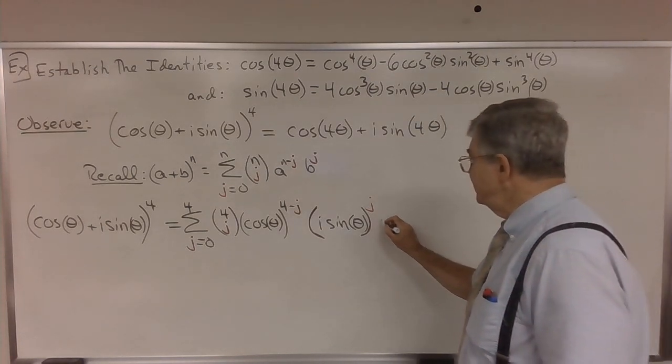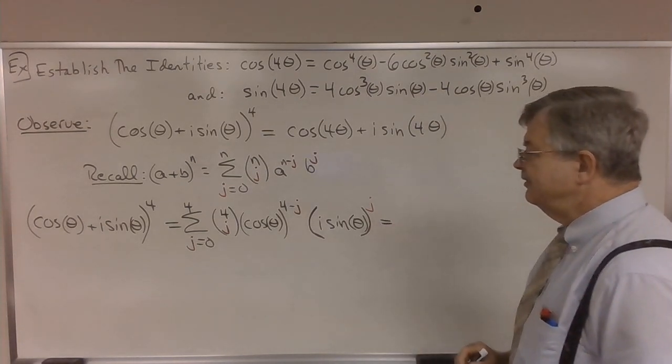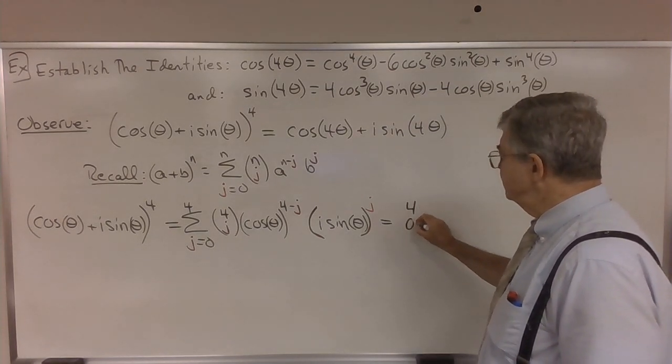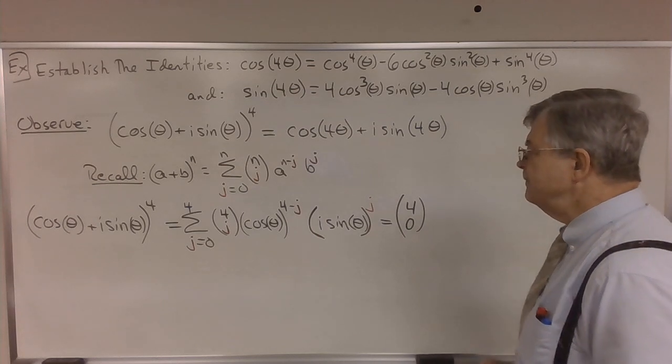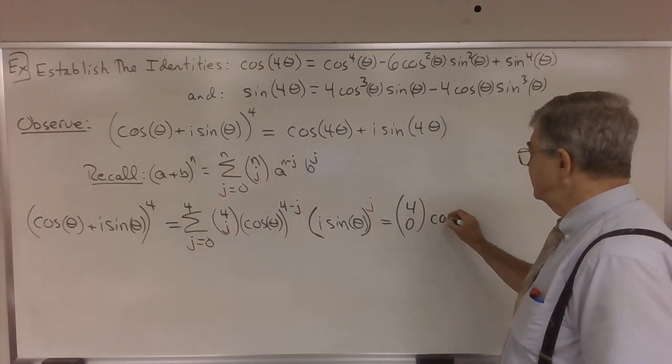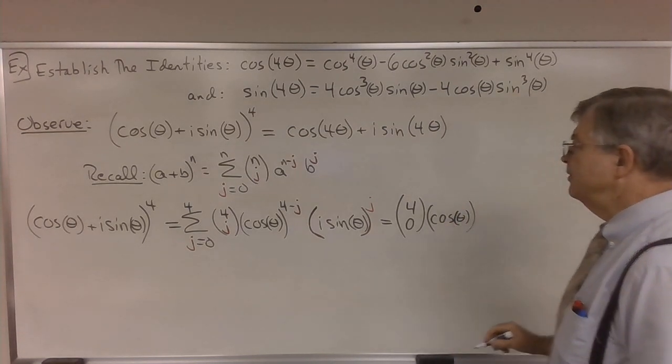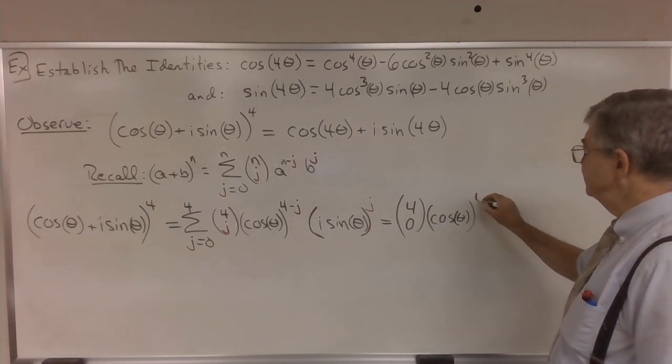And this is going to give us, let's see, when j is 0, I get 4 choose 0 cosine of theta to the 4 minus 0, which is 4.